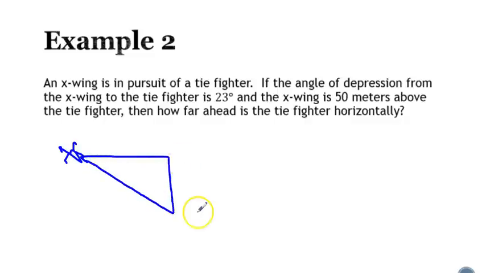The second object is a TIE fighter, and we're told that the angle of depression from the X-wing to the TIE fighter is 23 degrees.